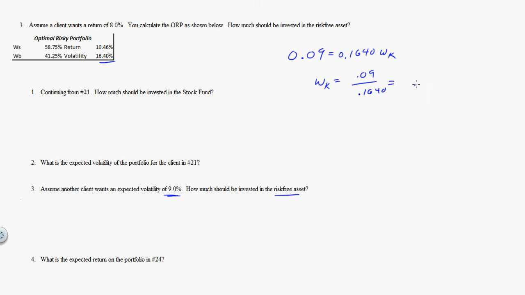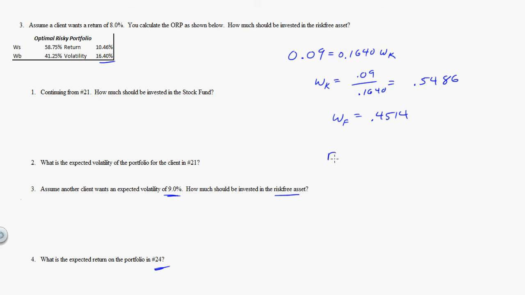That is equal to, I'm looking at the number right, 0.5486, which means the amount in the risk-free is 0.4514. Multiplied by 10 million, 4,514,000.